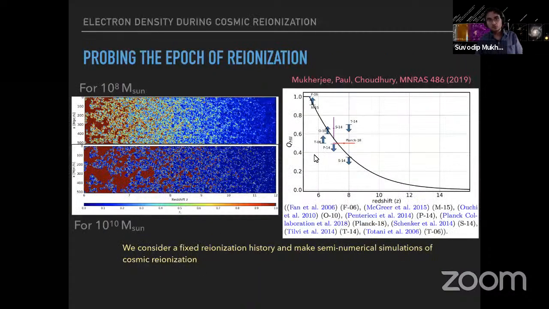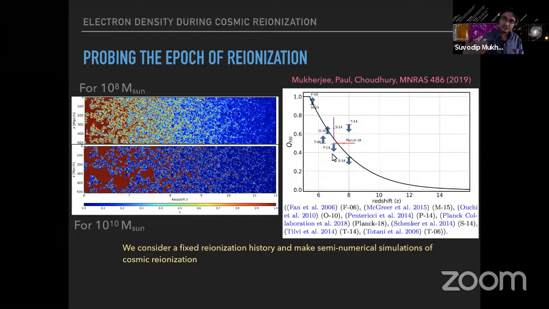So to go forward with probing the epoch of reionization, let's ask, from whatever we know until now, that is the optical depth, how well can we constrain the reionization history? There are several models, as I have shown you before, and all of them can lead to the same effect. So we have chosen a fixed reionization history, as shown by this black line here. And here are different constraints coming from multiple observations.